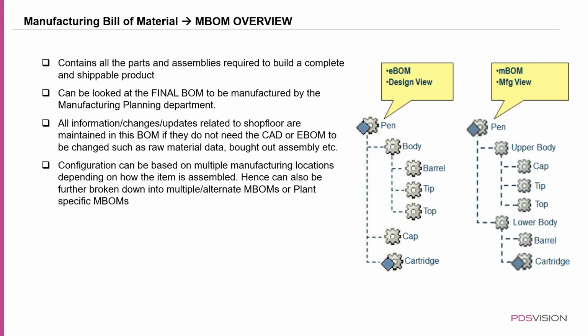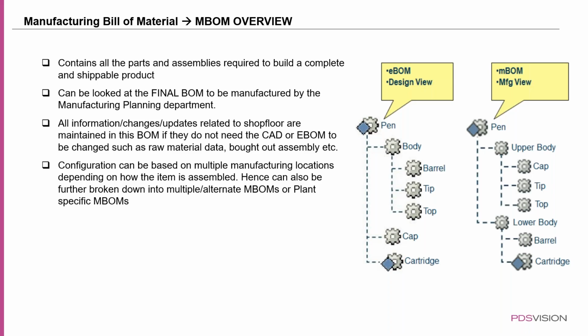So having a different bill of material for the manufacturing department helps them to manage it differently, and it can then eventually also be configured based on the different plant information.